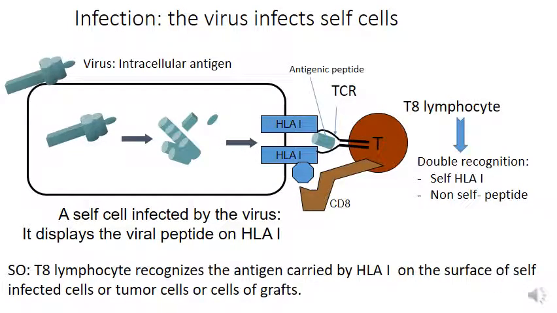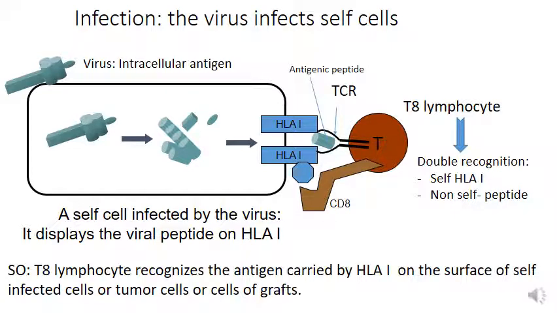See another way T lymphocytes recognize the antigen. This is a cell infected by the virus. So the virus, which is an intracellular antigen, which means an antigen that enters inside the cell, the cell displays the viral peptide.